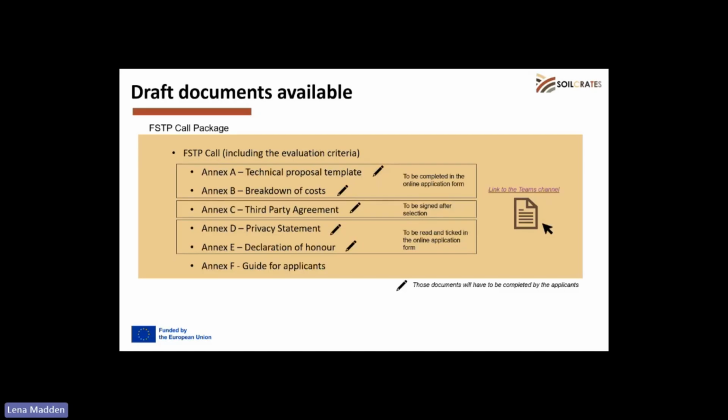But I can assure you that the data you share with us is going to be treated with the utmost confidentiality, and no personal names or locations are going to be made publicly available.